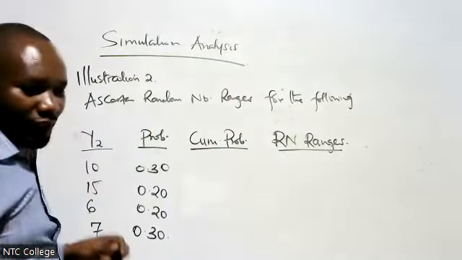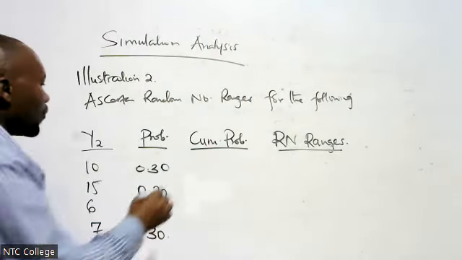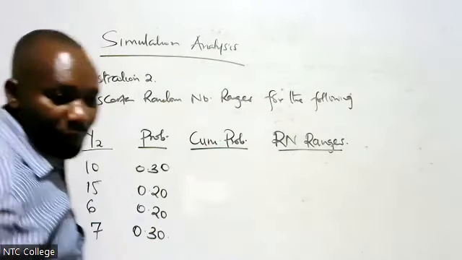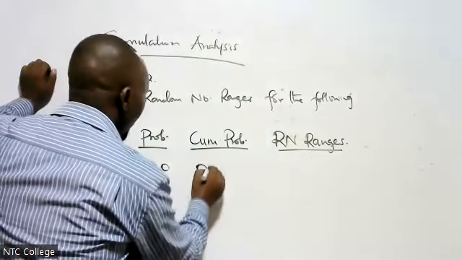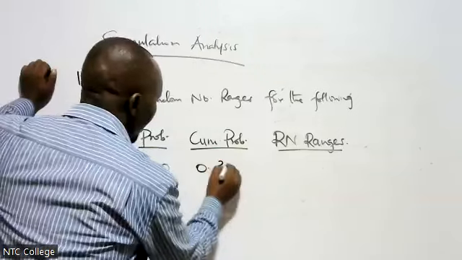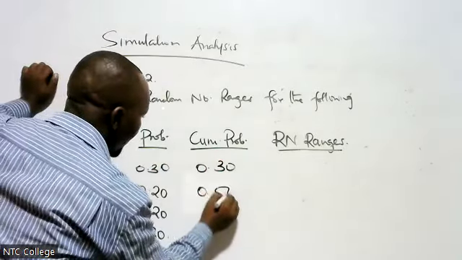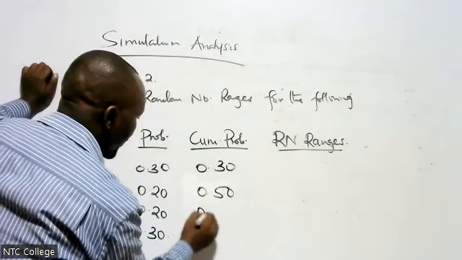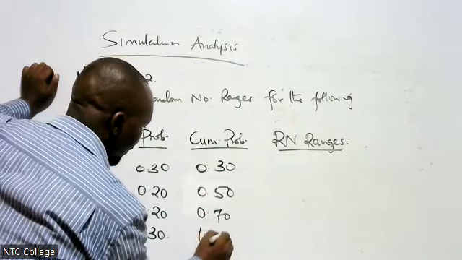Can we try this one again? Because of time, let's just proceed. We have our 0.30. Then you add this one, we have 0.50. We add there 0.70. We have 1.00.